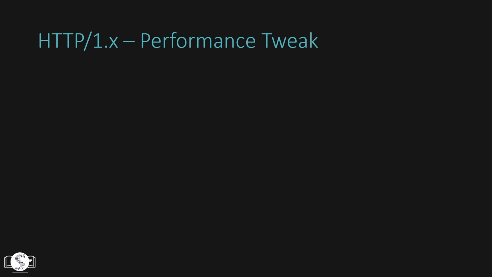There are several techniques to alleviate performance issues in HTTP/1. The first one is using multiple TCP connections for the same host. Since pipelining is disabled by default, modern browsers use parallel TCP connections as the workaround to the performance issue. However, there are several considerations and limitations for this performance tweak.